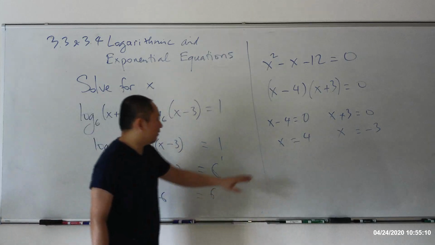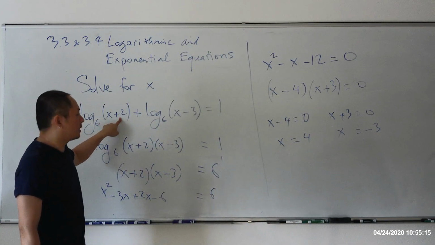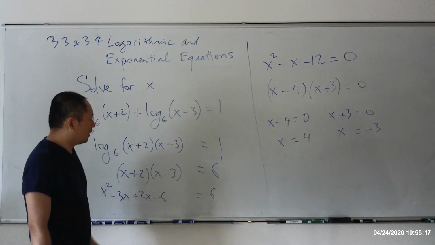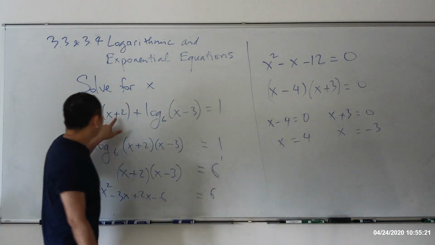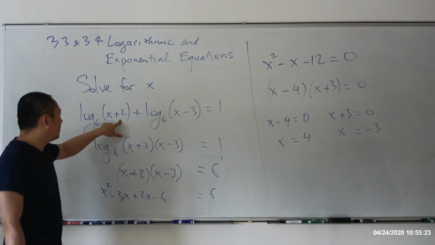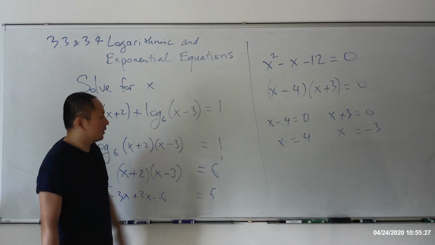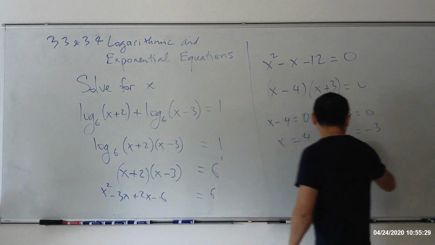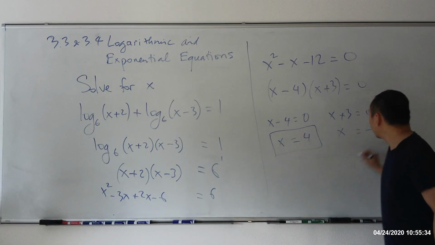So let's check. If x equal to 4, 4 plus 2 is equal to 6. Positive is good. 4 minus 3 is 1. Positive is good. But for negative 3, what happened? Negative 3 plus 2 is negative 1. So negative 3 will not be a good solution. Same thing here. Negative 3 minus 3, negative 6. So actually, among the two possible solutions, this is really a solution. This is not.